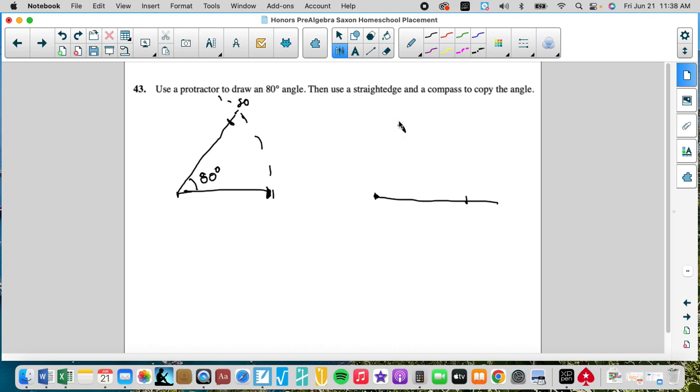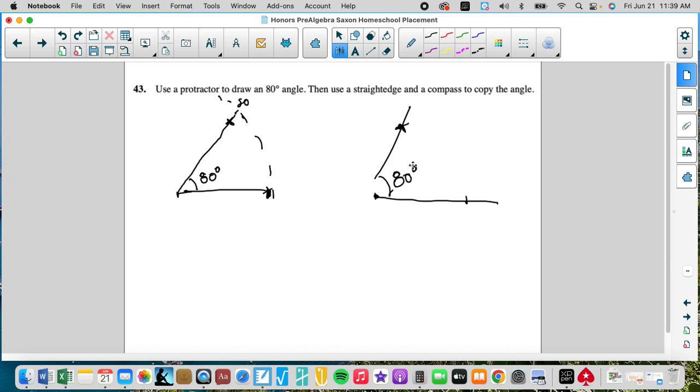So you're copying it, and then you're going to take your compass from this point and make another arc, and that's how you're going to get that. You're going to measure that distance, and where it crosses is going to replicate that 80 degrees. It's kind of hard because I don't have a compass, but that's how you do it. You measure from the same points and you recreate it.